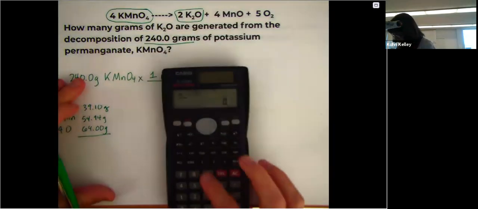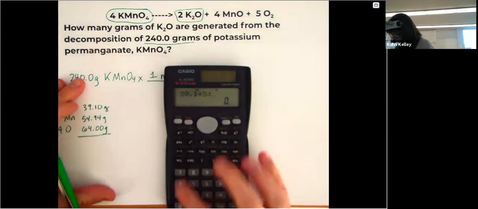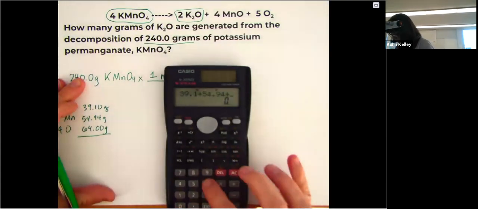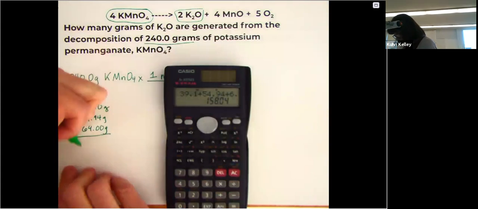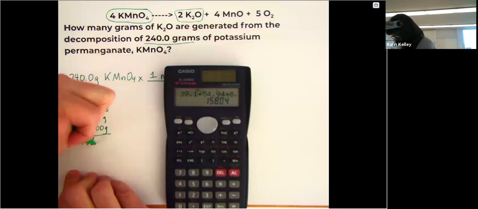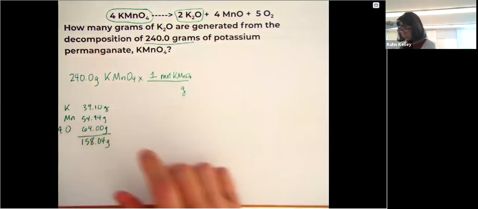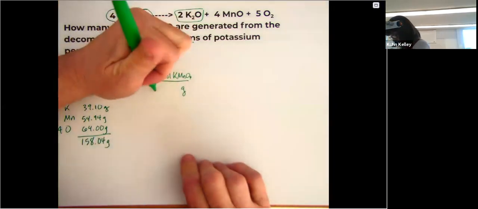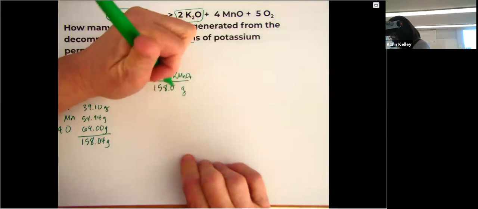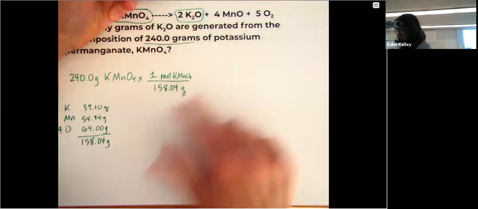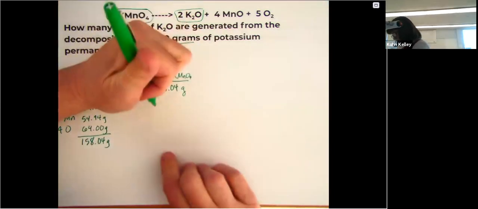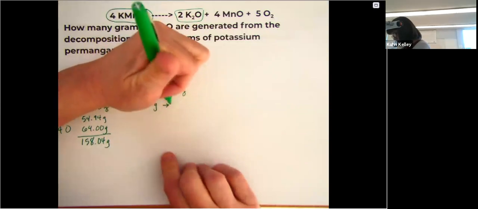So 39.1 plus 54.94 plus 64 gives a molar mass of 158.04 grams. Always be sure to keep 2 places after your decimal. So this is always your first step, to get to moles. We call this the gram to moles step.